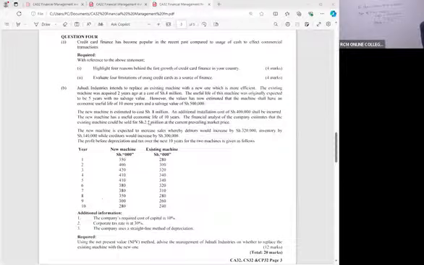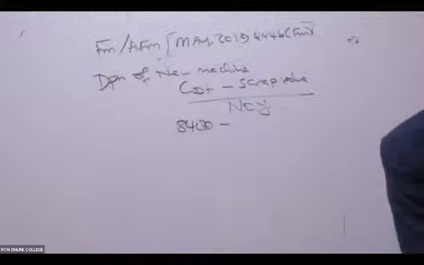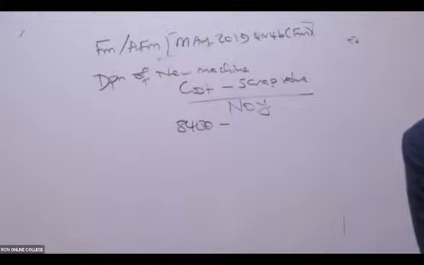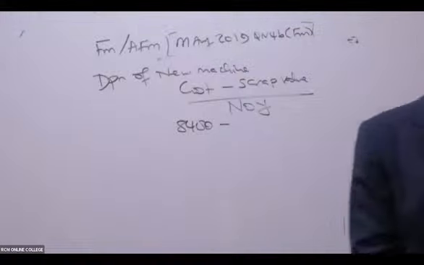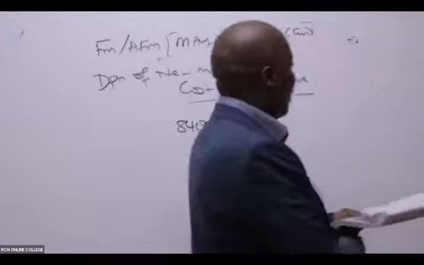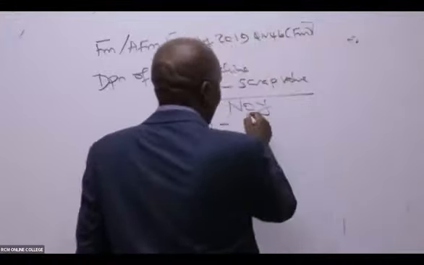Please don't take this 2,500 to be the scrap value of the new machine. They have told us that this is the selling price of the existing machine. They don't have any relationship there. So the residual value or scrap value of the new machine will be 0.